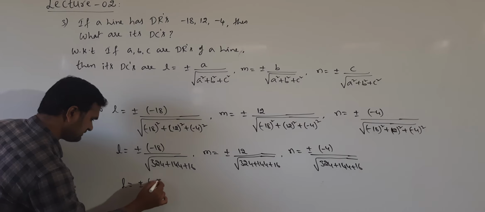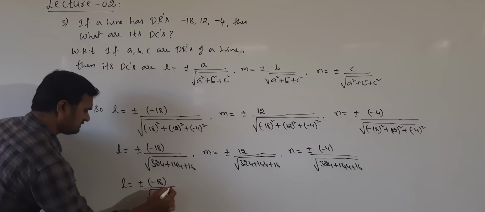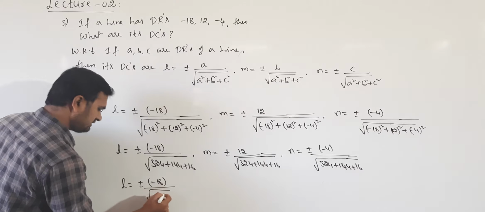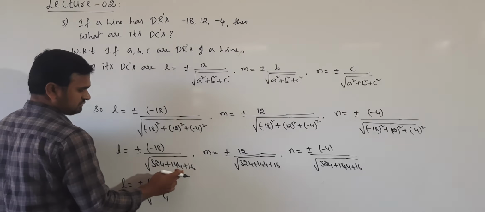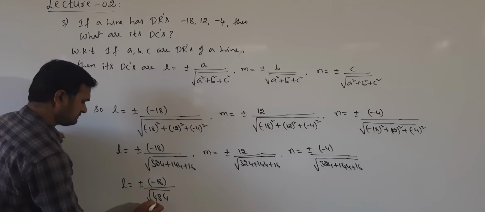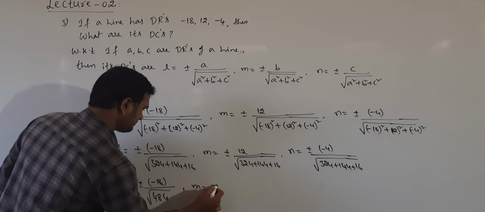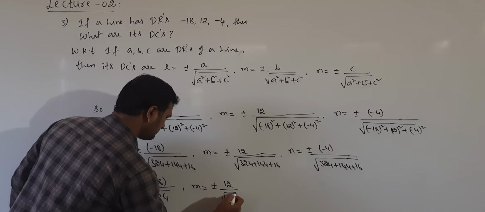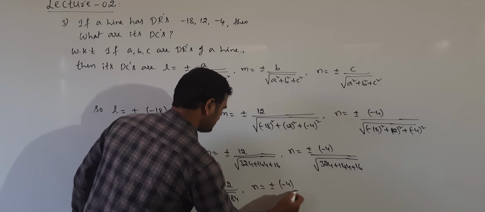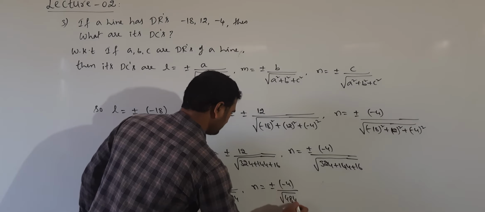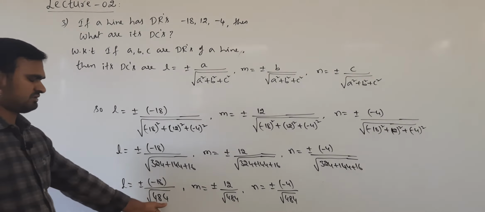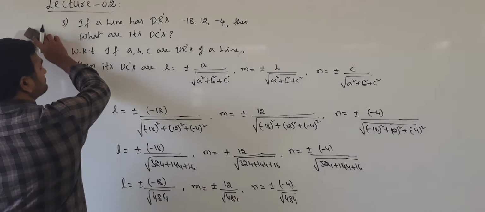So L is plus or minus minus 18 divided by root of, how much will we get here, 484. M is plus or minus 12 by root 484, N is plus or minus minus 4 by root 484. Okay, simplified. What is the square root of 484? Note it down.